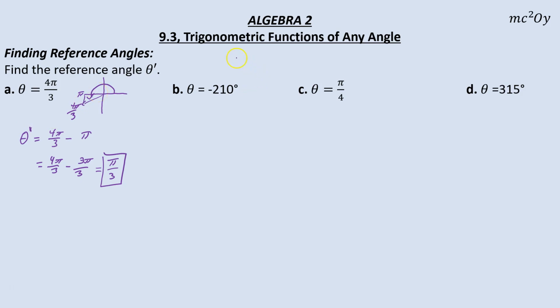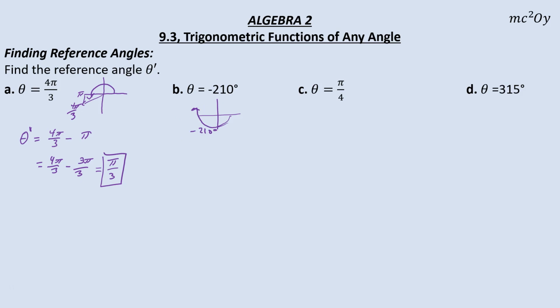Okay, 210 degrees, negative 210. Let's look at that. That's going to bring me from here all the way up to in here. Negative 210. Okay, well, what I'm going to do, I'm going to think of it this way.